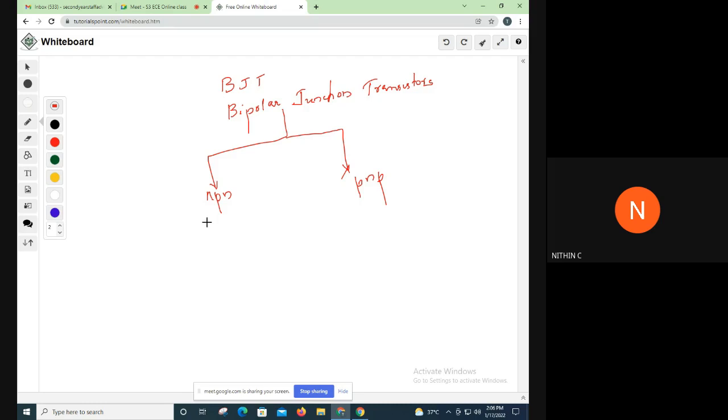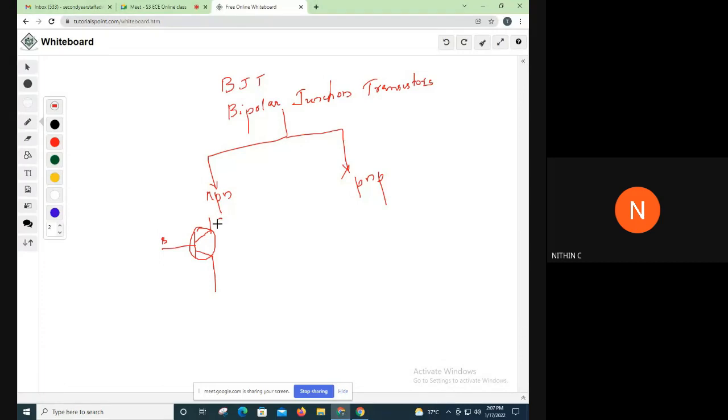So I will just draw the diagram for that, or circuit symbol you can say. This is a circuit symbol of a bipolar junction transistor. You have base over here, emitter over here, and collector over here.